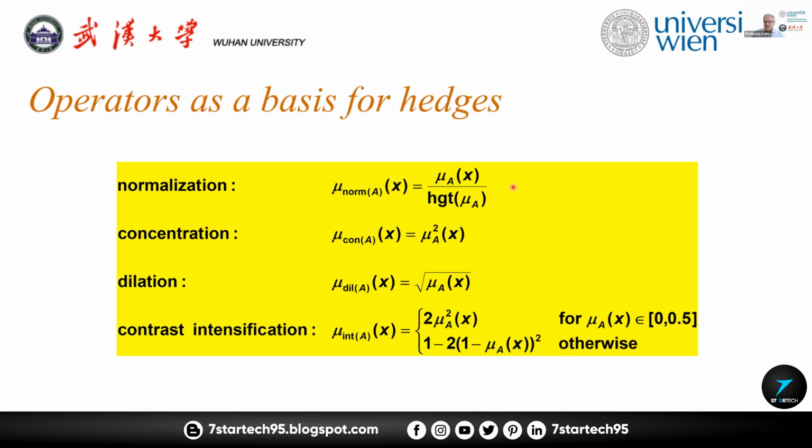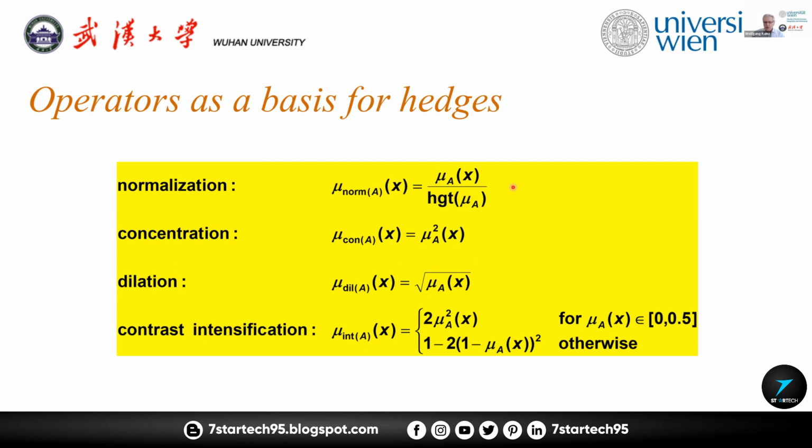And the height is the greatest membership value in that fuzzy set. So whenever we divide every membership degree by the height, we definitely get at least one membership value that is 1. So when you look back to the slides, you will see I called a fuzzy set a normal fuzzy set when at least one membership value has the value 1.